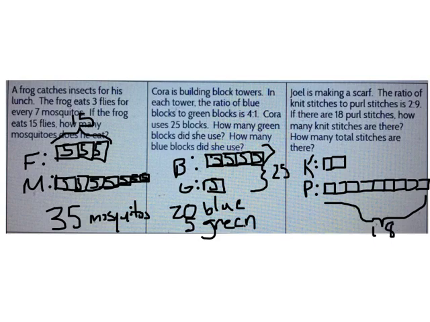What does each box represent if 9 boxes represent 18? Each box represents 2. So how many knit stitches and how many total stitches? Well, there are 4 knit and 22 total.